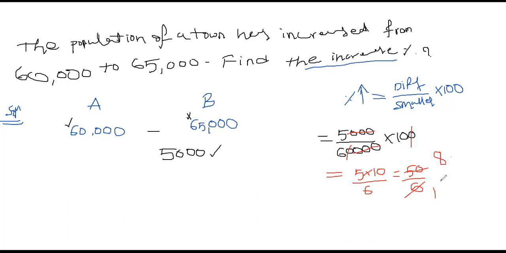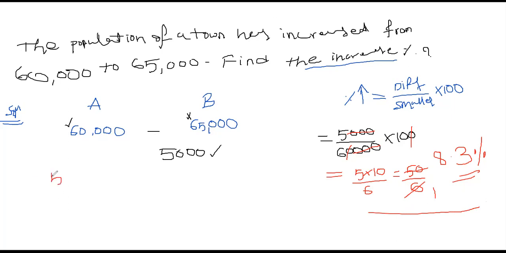If you put the decimal point, 2 becomes 20, and 6 threes are 18. Then you can say the approximate answer is 8.3 percent increased. 8.3 is the increased percentage. Understood this? What I did here, this 50 is there.